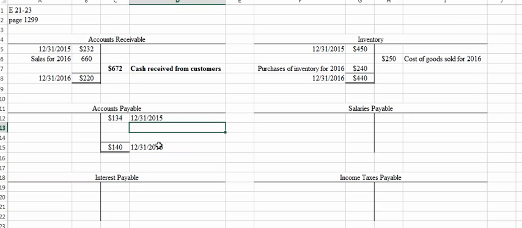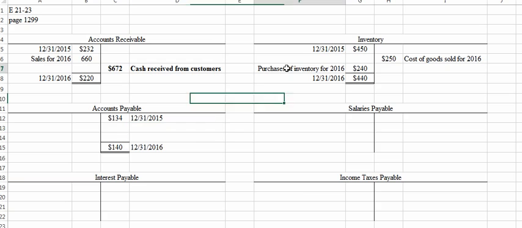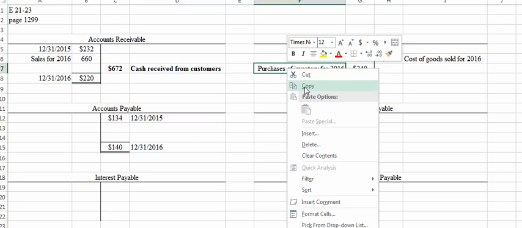Okay, now, what causes accounts payable to increase or decrease? Well, if we make all of our purchases on account, then we're going to increase accounts payable for purchases made on account, right? So purchases of inventory for 2016.